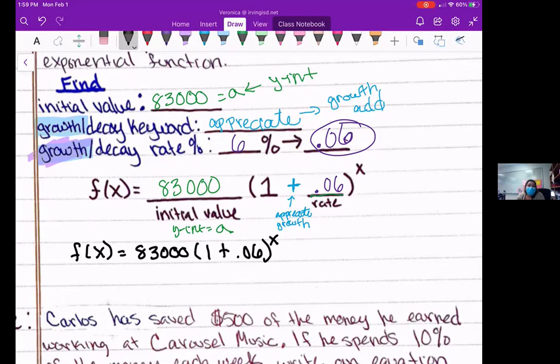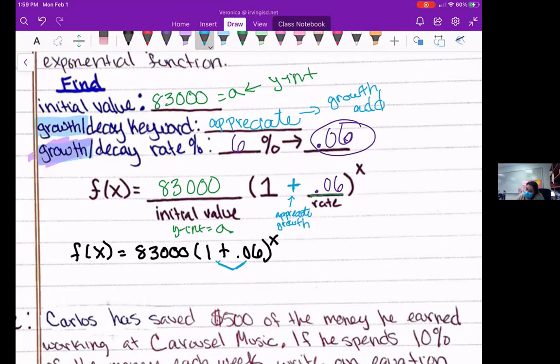Or it can be written in your factor form. So by that, I mean, instead of 1 plus 0.06, it could be simplified inside the parentheses. So if it's simplified inside our parentheses, then that means we have 1 plus 0.06 is what?